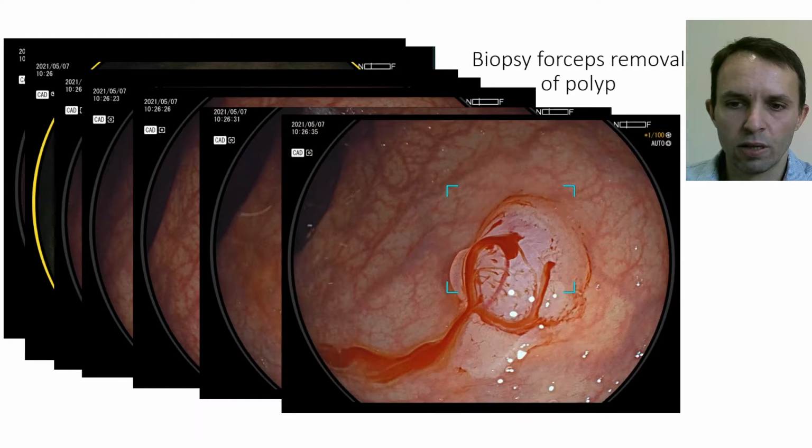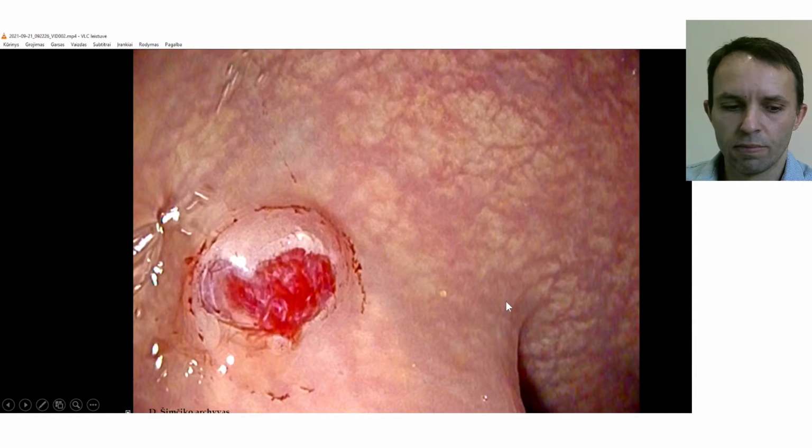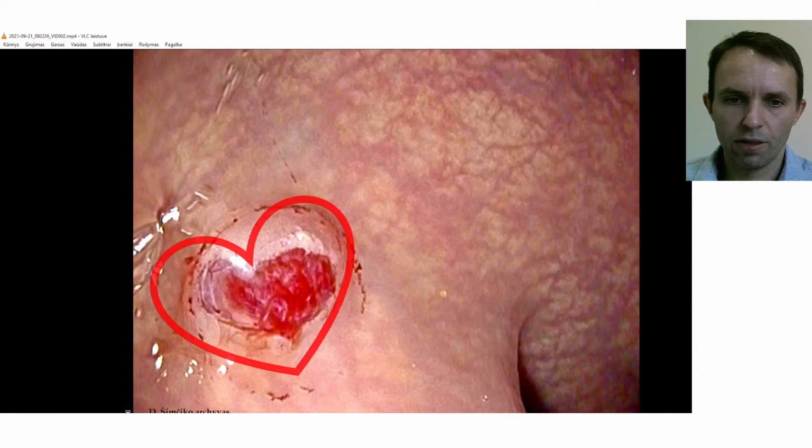We wash the defect carefully and we watch the margins of the defect, and we conclude that it's a radical excision. And here the message is, if you love your patients, always take a closer look at the margins of the defect, so that there is no remnant of the lesion.